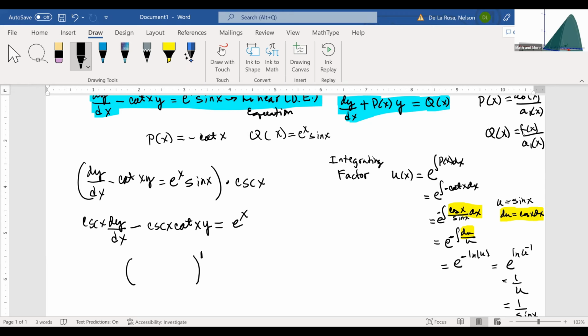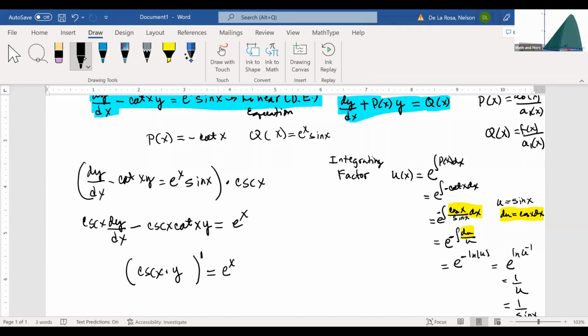Notice that we have cosecant of x dy dx minus cosecant of x cotangent of x y. The derivative of cosecant of x is negative cosecant of x cotangent of x, so we can rewrite the left side of the equation as cosecant of x times y. And the right side is e to the x.